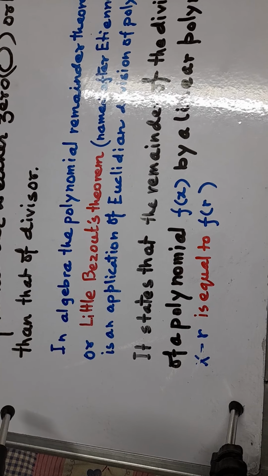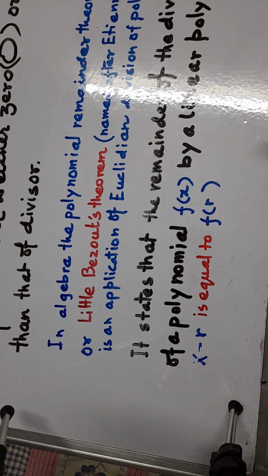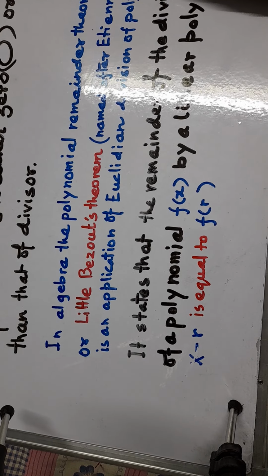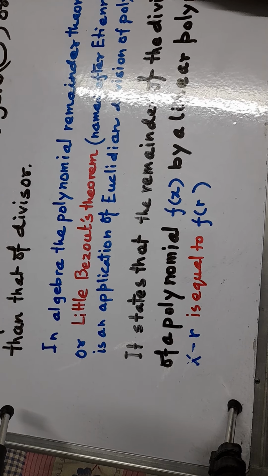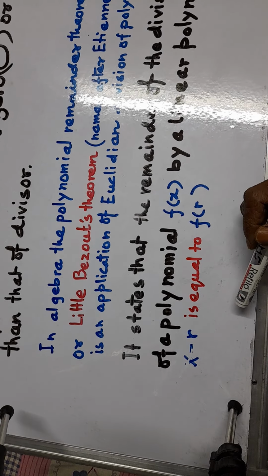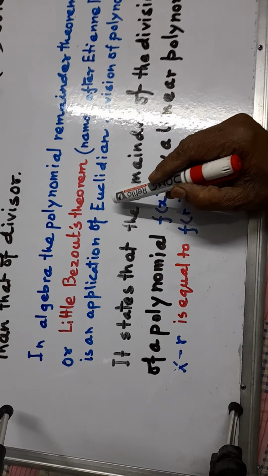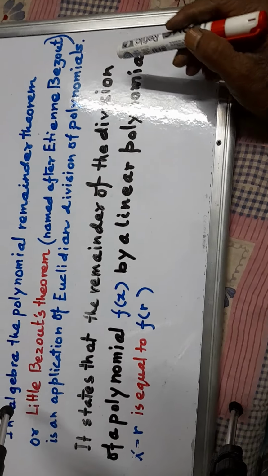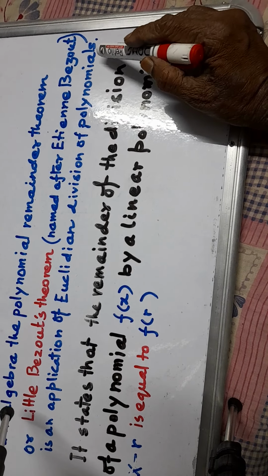Because it was given by the mathematician Étienne Bezout. So after his name, it is called Little Bezout's theorem. In application, it is also used in Euclidean division of polynomials.